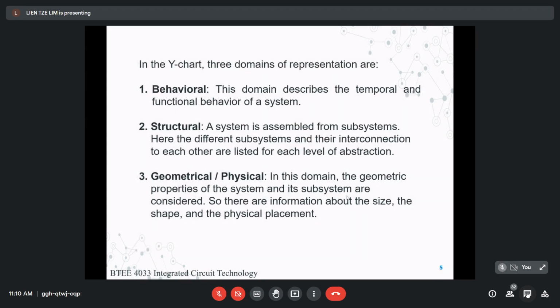The behavioral domain describes the temporal and functional behavior of a system. For example, we use HDL. This is hardware, not high, hardware description language.